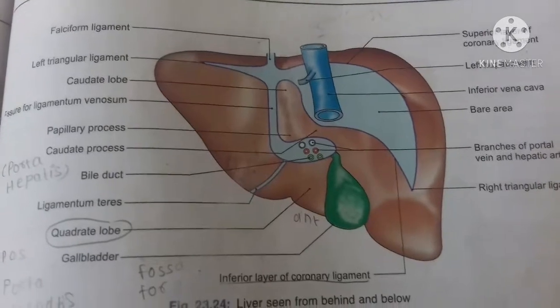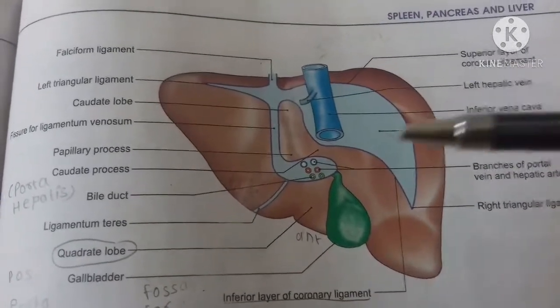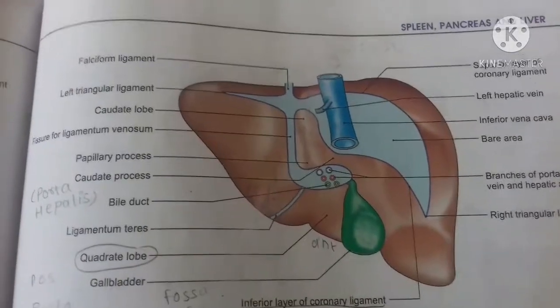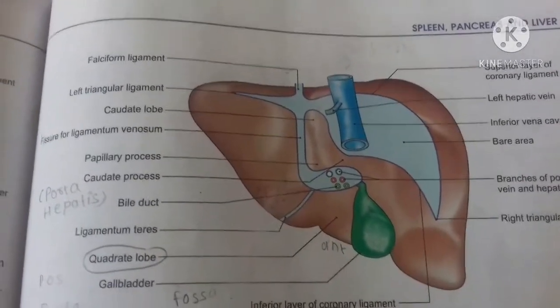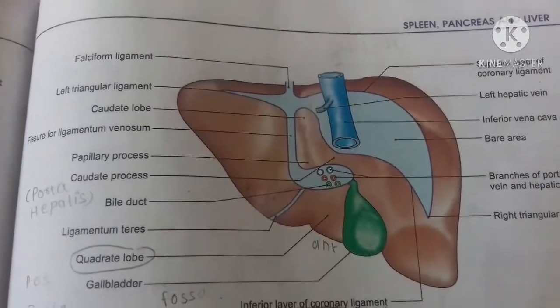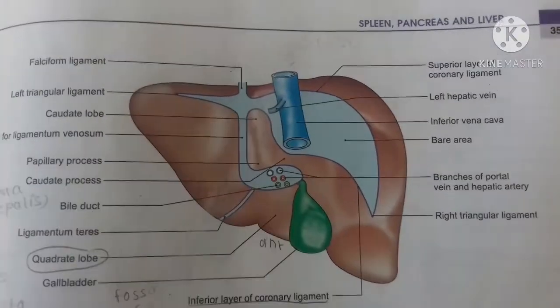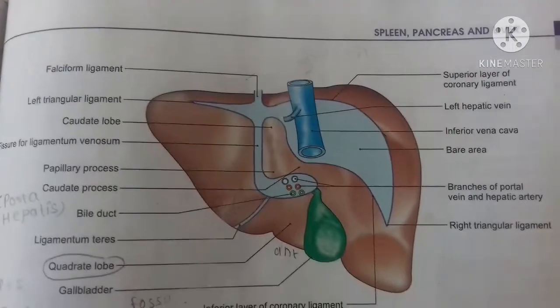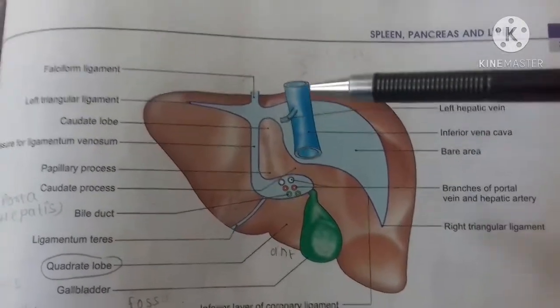Then the second point: the groove for the inferior vena cava lodges the upper part of the vessel, and its floor is pierced by hepatic veins.